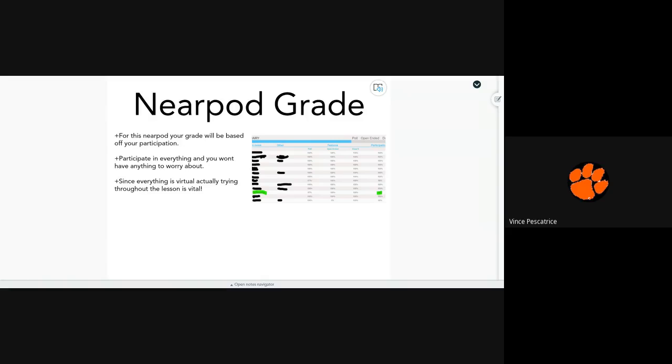That grade is what you get out of the total points available. For example, if you answer 80% of the questions and slides, then you're going to get 80% of 30, because this Nearpod is worth 30 points. If you answer all of them, you get all 30.